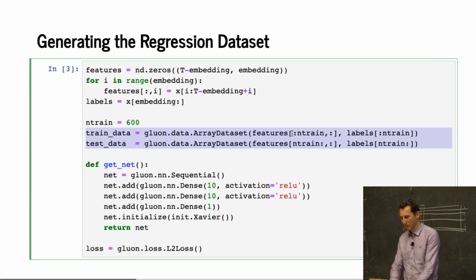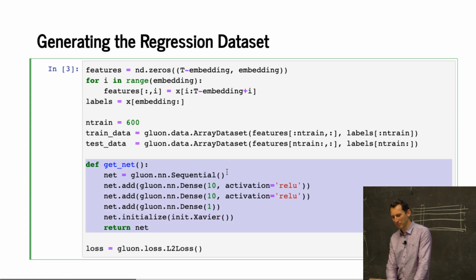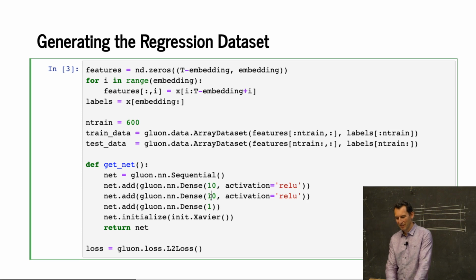And I picked the first train observations for training, and I'm going to pick the rest for testing. Okay. And then I'm going to define a very boring deep network. I'm going to start with whatever input dimensions I have, and map into 10 hidden dimensions, another layer of 10 hiddens with a ReLU, then output 1 because we're going to do regression, and I pick Xavier initialization.